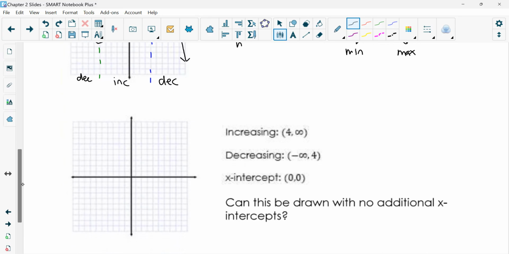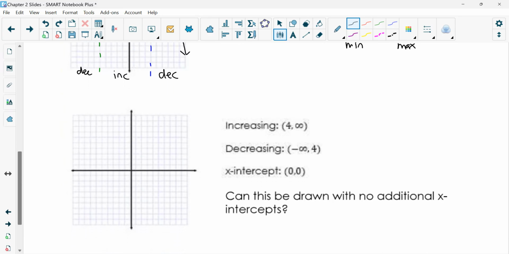All right, and then our next one, our overlap was at 4. And so we have to go through 0, 0 as well, and it's increasing to start from -infinity to 4.